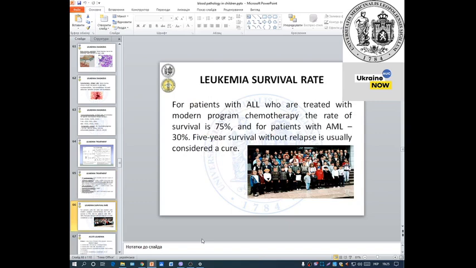For patients with acute lymphoblastic leukemia who are treated with modern program chemotherapy, the rate of survival is 75%, and for patients with acute myeloblastic leukemia 30%. Five years of survival without relapse is usually considered a cure.